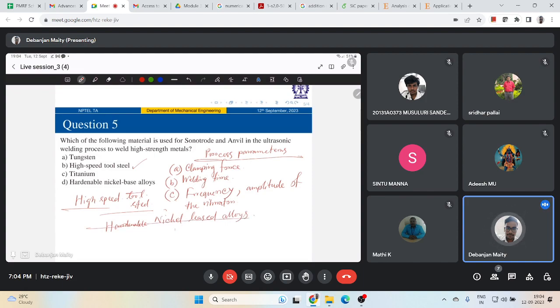This kind of material is used for hardened, high strength metals and alloys. Okay, so D is the correct option, right? Any question?